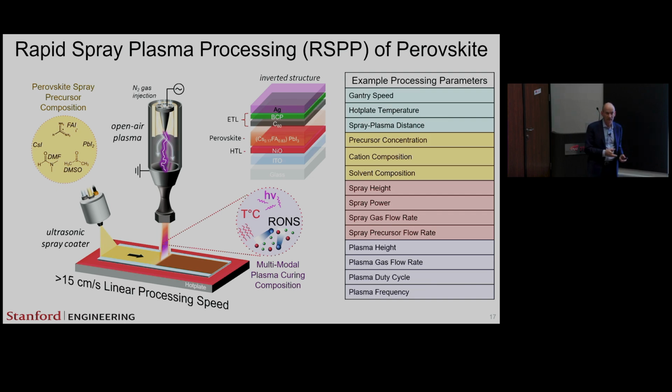And we've done that, worked both with our program at Stanford, and we've also worked with MIT over the years on developing some machine learning to optimize these combinations of parameters.